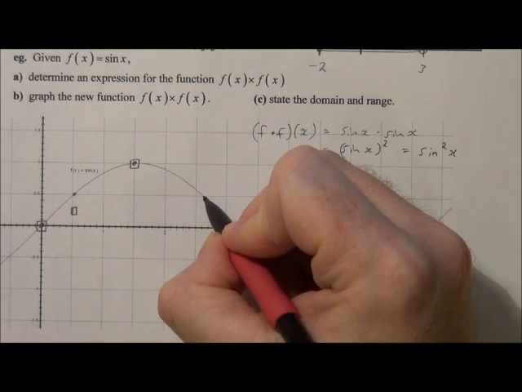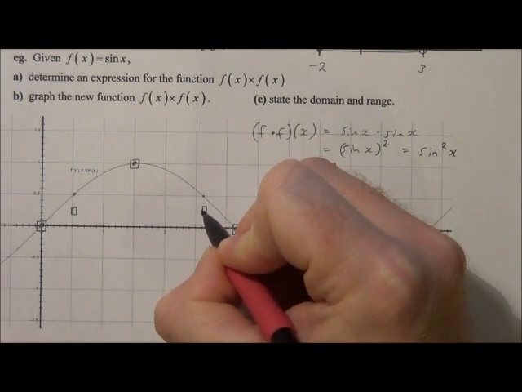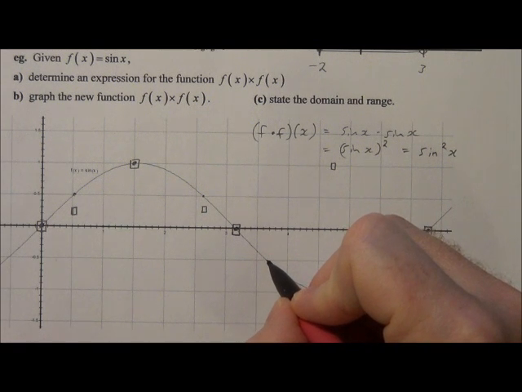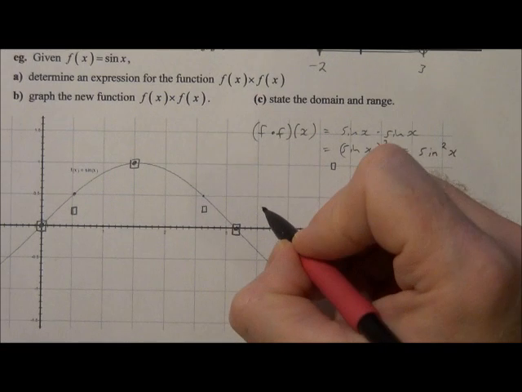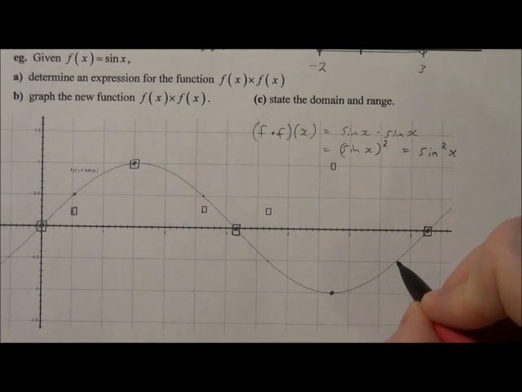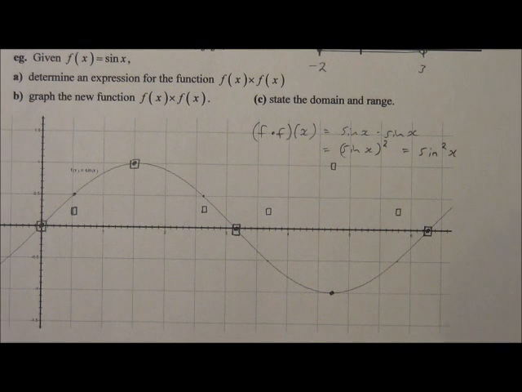That'll be the same at this point here, it'll be at a quarter. And then for -0.5, when we multiply -0.5 times -0.5, we again get +1/4. And for -0.5 around here again, we're going to get +1/4. Okay, so we're starting to see what the graph's going to look like.